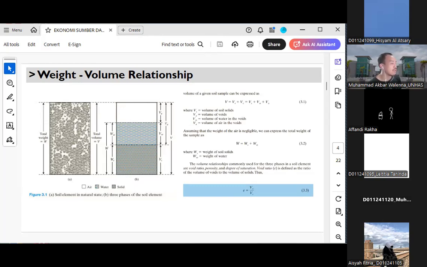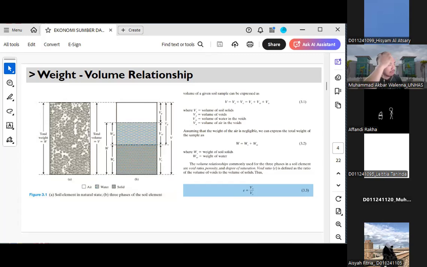Normally a soil composition has all three elements, otherwise we can probably have only two or only one. The primary element of the soil is definitely the soil particles, or the solids. The solids can behave differently when we have water, and it's much more dynamic when we have air trapped inside this three-phase system.